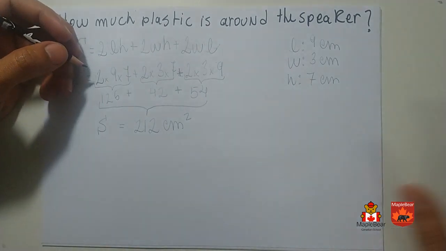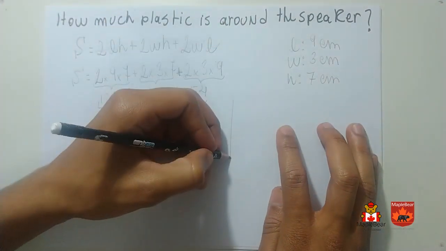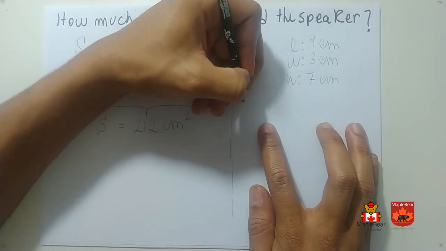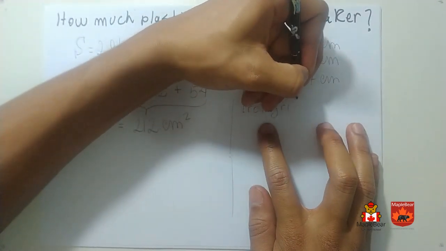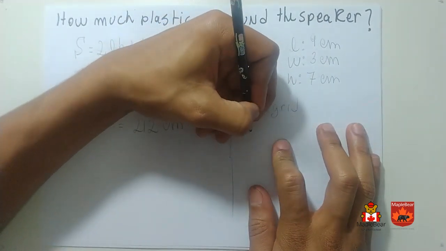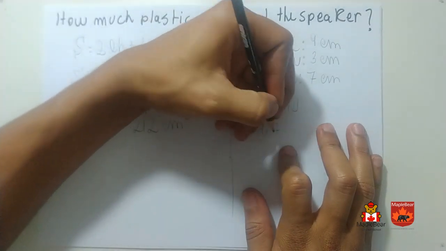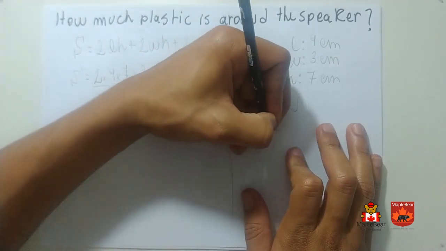So how much am I going to reduce? The area of the iron grid is going to be 9 times 7, which equals 63.